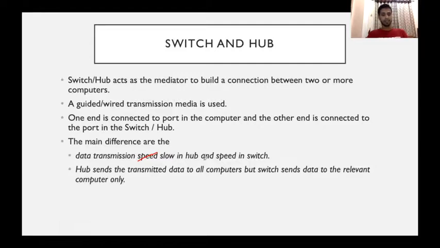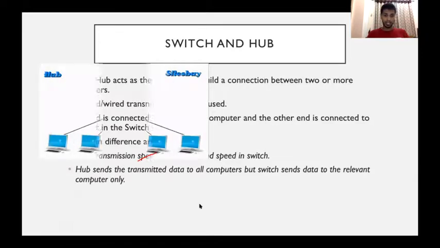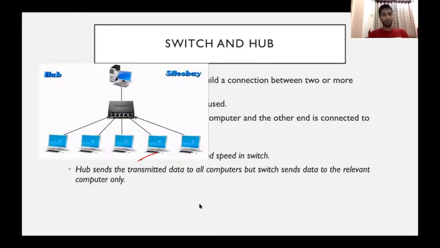And see, normally the hub sends the transmitted data to all computers. You can see this one: this is the hub, and someone is sending data, shown in the green color.